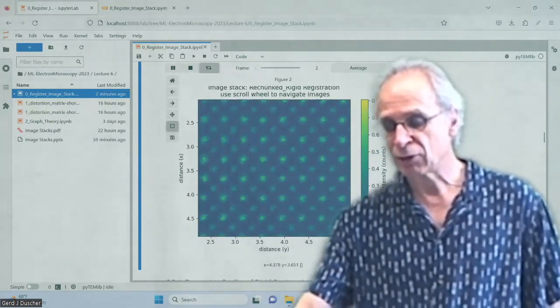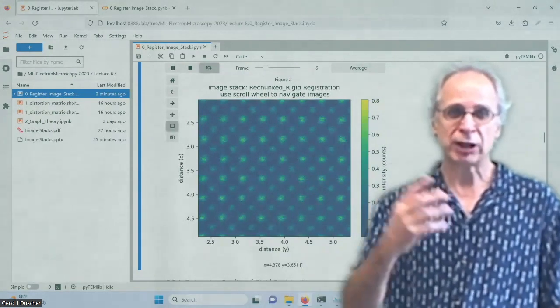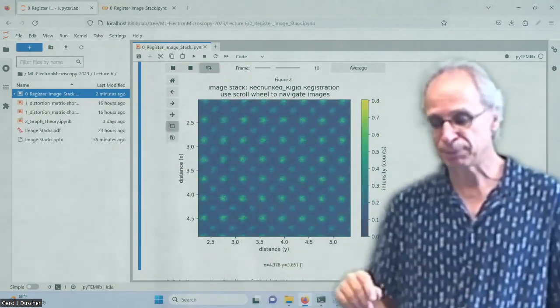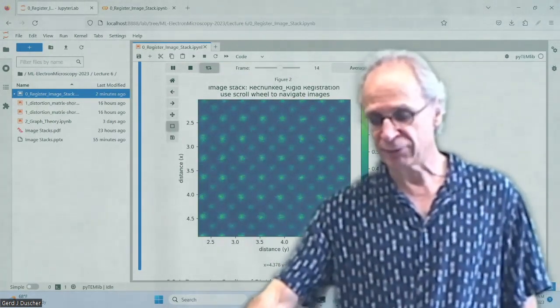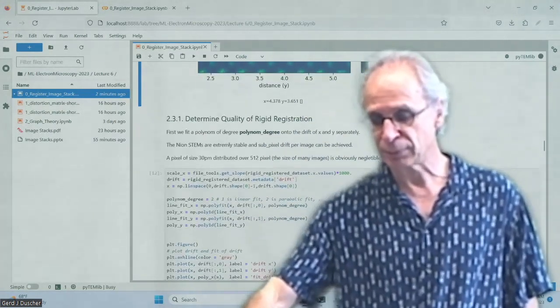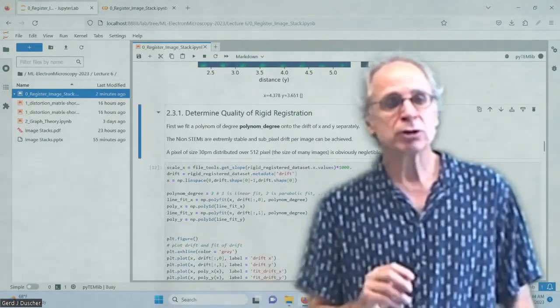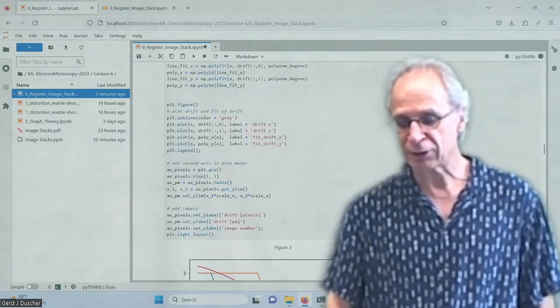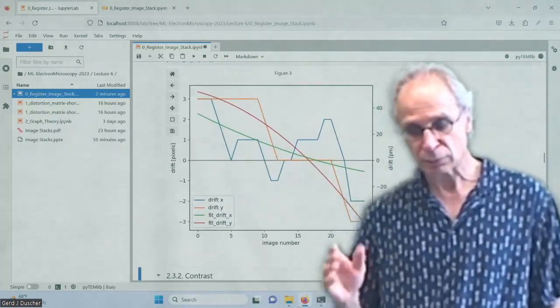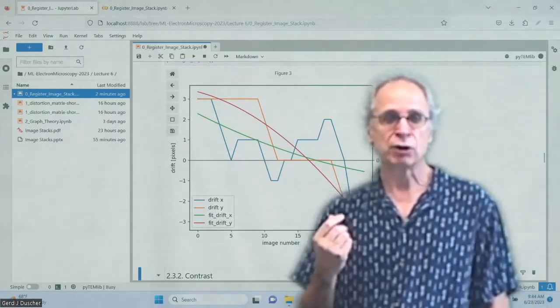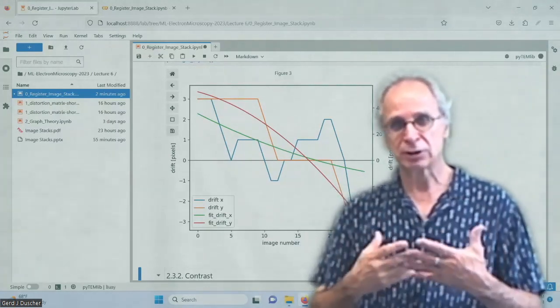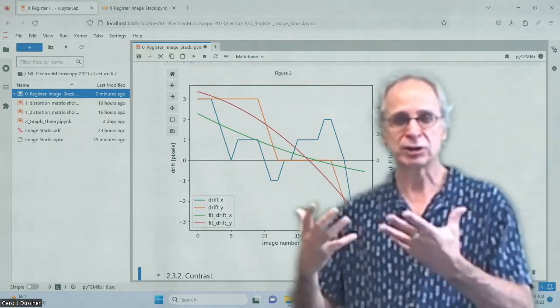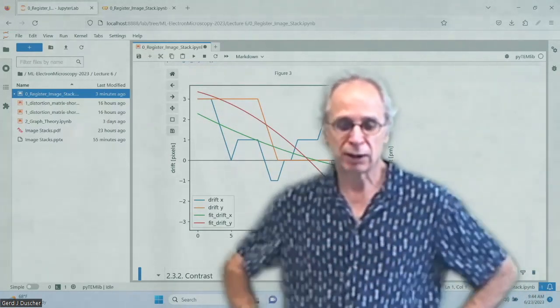So the random ones we can average out. That's why we use a stack. That's another reason why to use a stack. So how good was it? Of course we can just look at the drift and determine our accuracy. So is it worthwhile using this image stack?